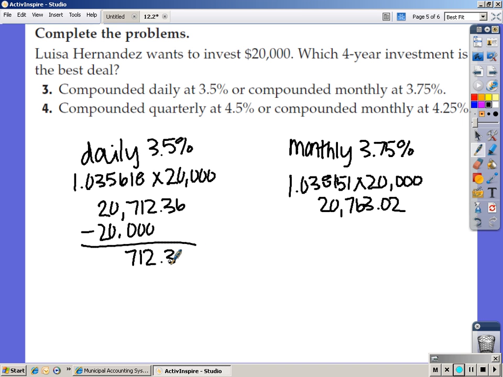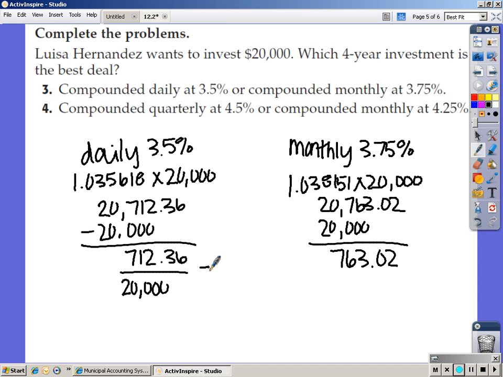712.36 for daily. You get 763.02 for monthly. And then you divide by your principal. For daily, you get 3.56%.